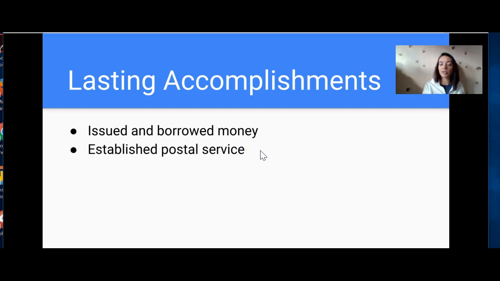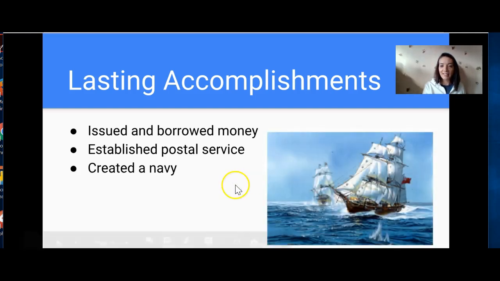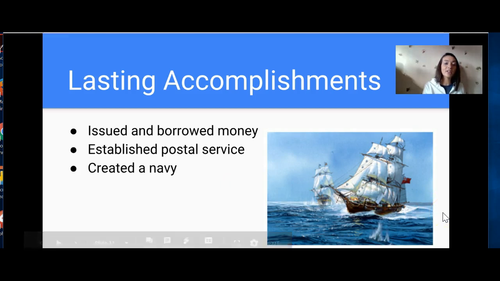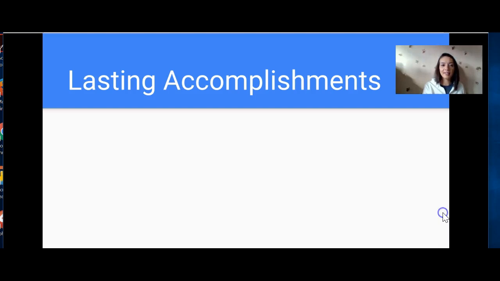The Postal Service was established. Okay, so our post office, sending mail, receiving mail. And our first Navy. Does anybody have a family member or a friend who's in the Navy? And there is a picture of the American colonial Navy in the American Revolution.